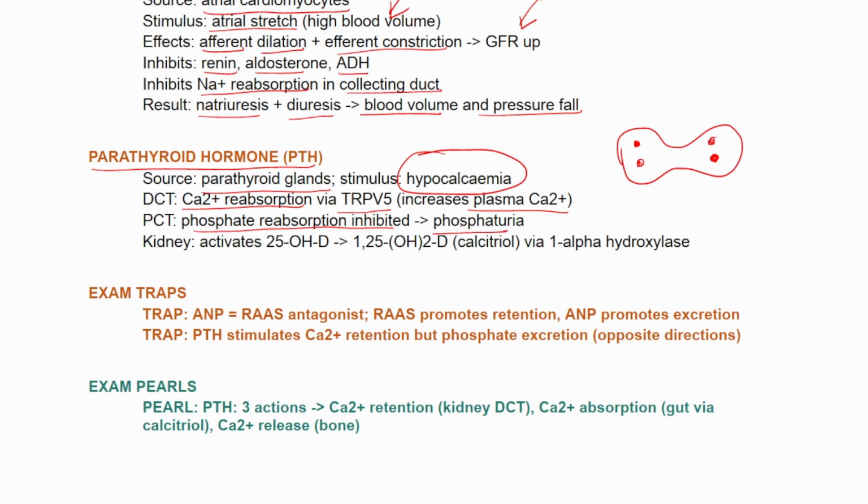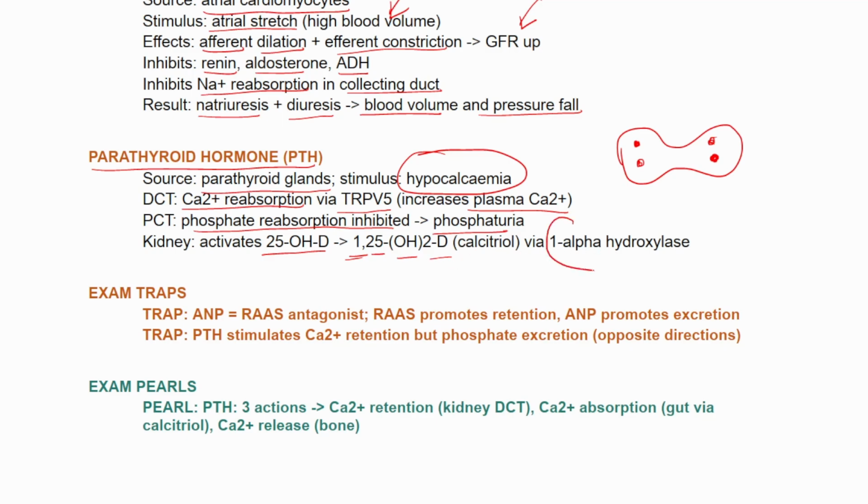Beyond direct ion transport, PTH exerts a critical endocrine effect on the kidney by upregulating the enzyme 1-alpha hydroxylase, which converts inactive 25-hydroxyvitamin D into its active form, 1,25-dihydroxyvitamin D, or simply put, calcitriol.